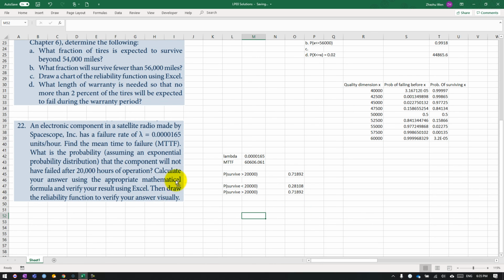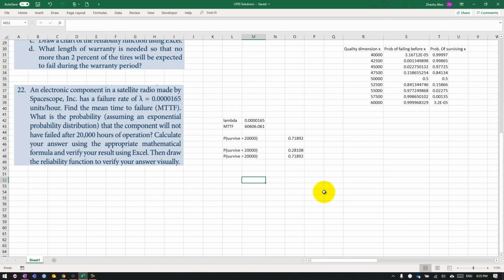I'm not sure about your version. My textbook tells me to draw the reliability function to verify your answer visually, so I can just go ahead and draw it. Again, I'm going to use the quality dimension as a word. Please start from 0 when you develop an exponential or survival curve.